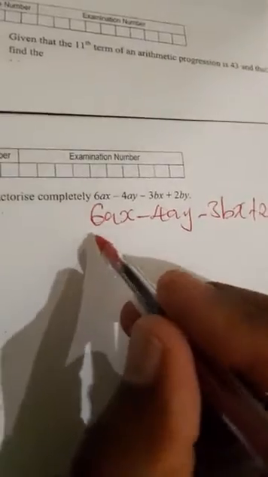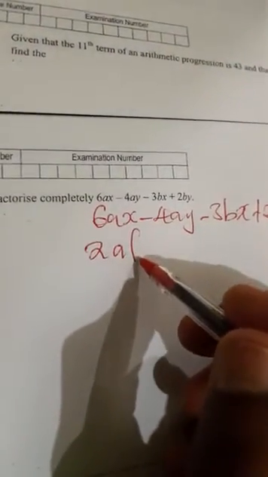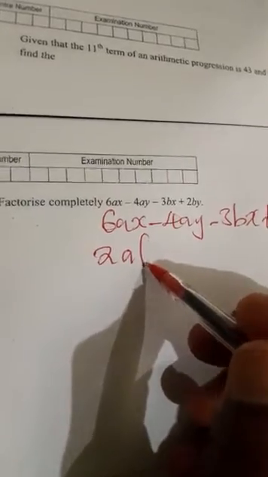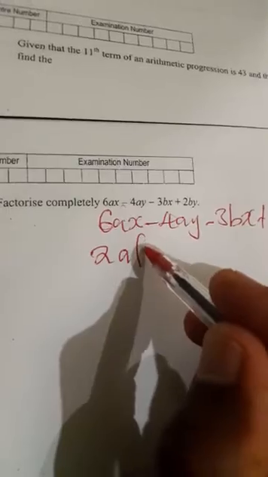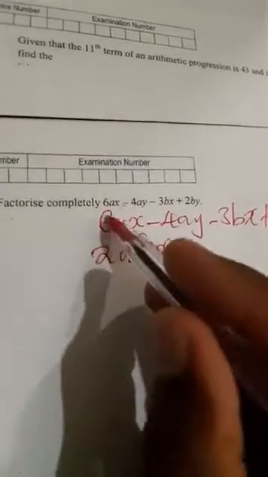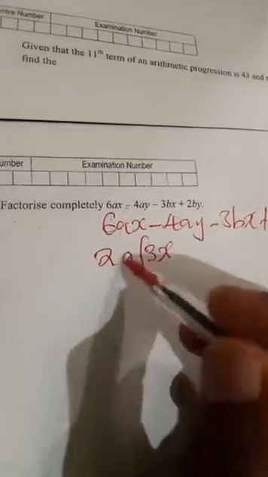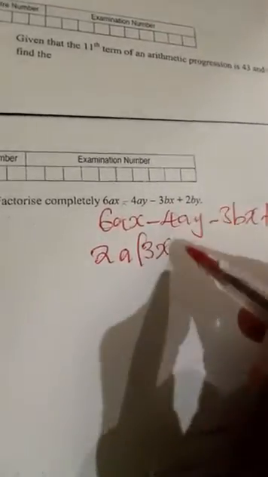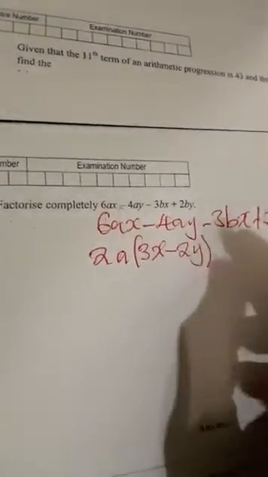So you can say 2 and a is common here. Yes, this is what you have. Then this will give you 3x. 2 and 2, 6, it's 3. Then a remains with x. 2 into this one will be 2y.